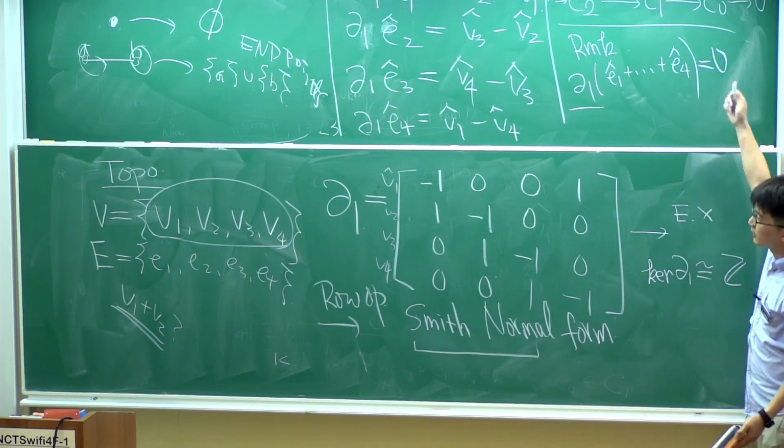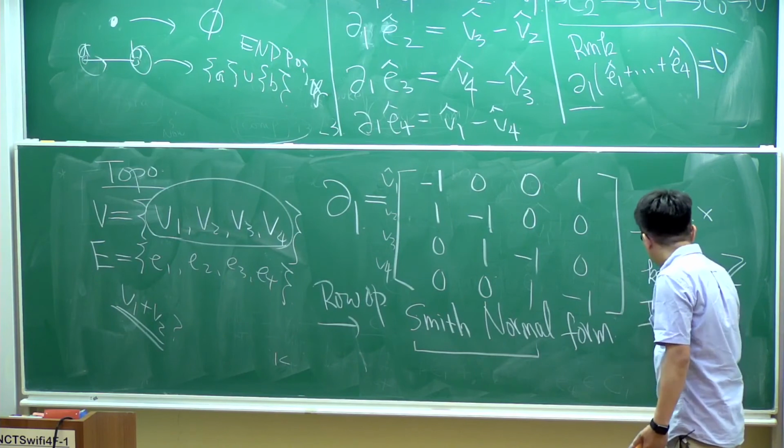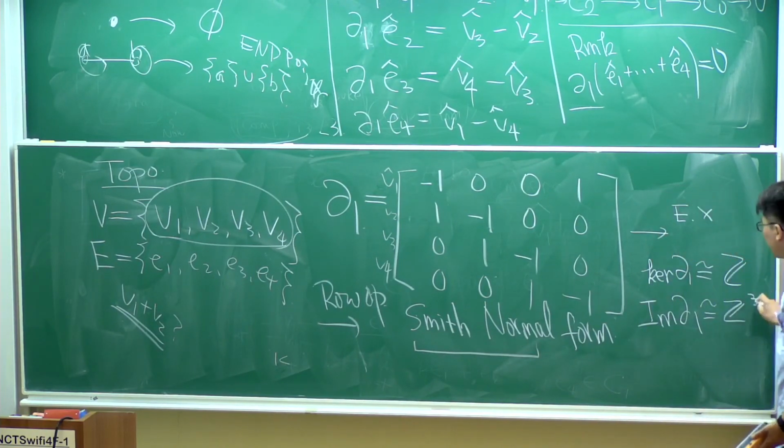This is the more intuitive way. This is the more algorithmic way. And then you can also find that the image of row 1 is isomorphic to Z3. And by the most famous theorem, this is a Z4 mapping to Z4, so the dimensions should match, right?